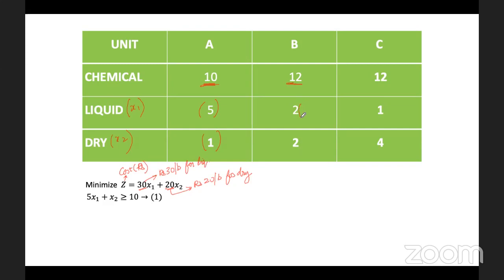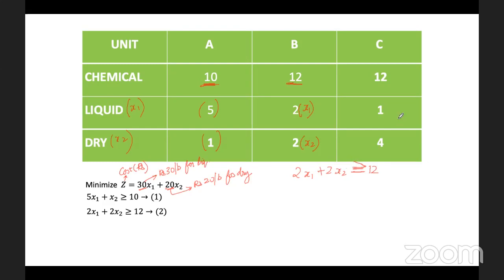But out of the 12 units, this particular liquid should be 2 and your solid also should be 2, which means it is 2x1 plus 2x2 minimum required. So equal to will be there. Minimum requirement should be 12. It can also be greater. So you'll have a greater than symbol. So this will take the equation 2.